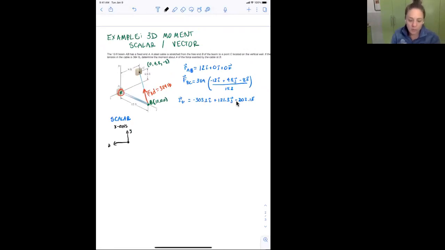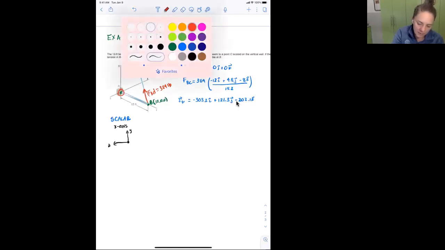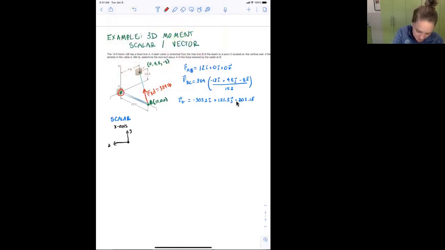If I do that, where would my force end up? My force is going to look like this. It's going to go right through the origin. So can the force in the y direction or the force in the z direction cause a moment about point A? My point A is still right here. The answer here is no. There's no moment about the x-axis because there's no force acting any distance away.